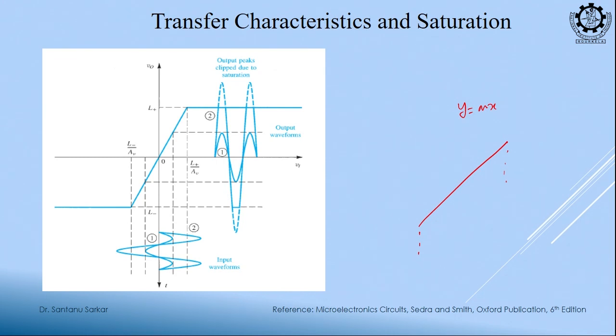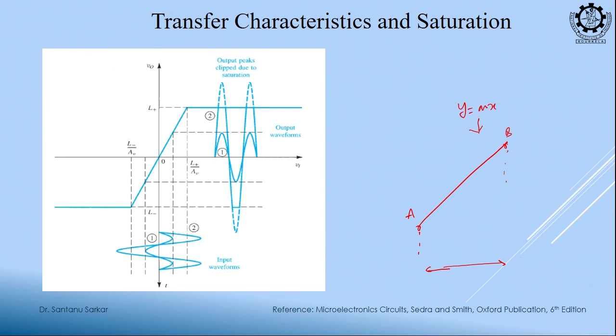So, what is the meaning? If my input voltage stays within this limit, my input output relationship is linear. Agree? From this point A to this point B, this equation is satisfied, and what I told you is that for any amplifier the most important property is linearity.